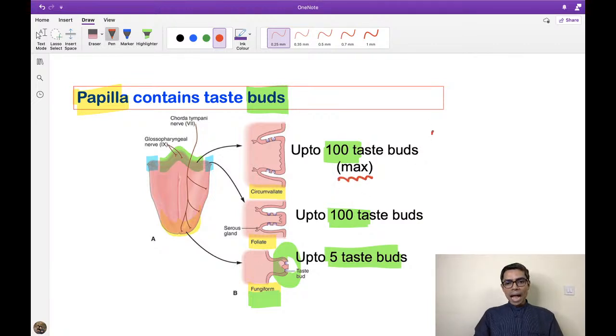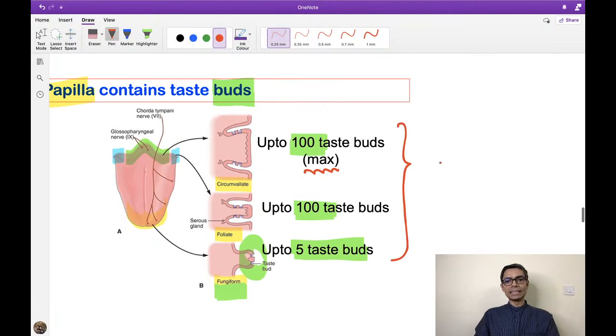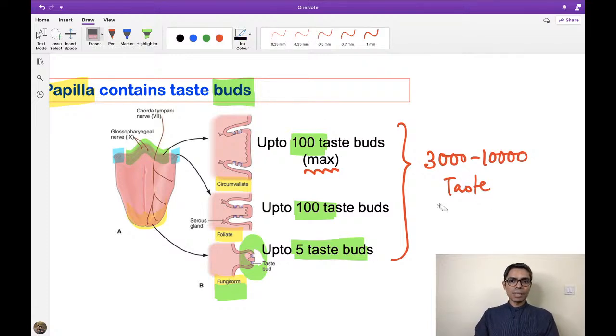And if you add up all of these papillae, then in a human adult there are altogether a total of 3,000 to 10,000 taste buds on the surface of the tongue, right?